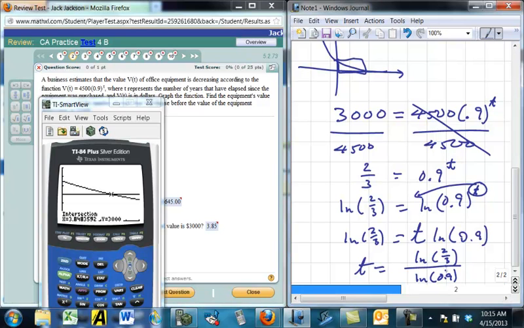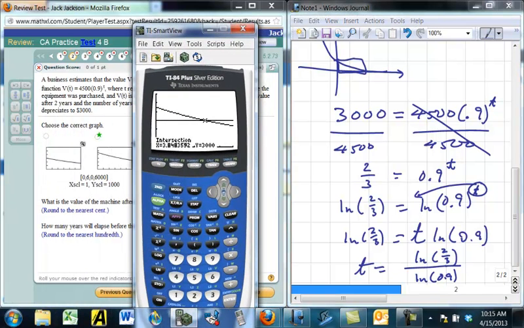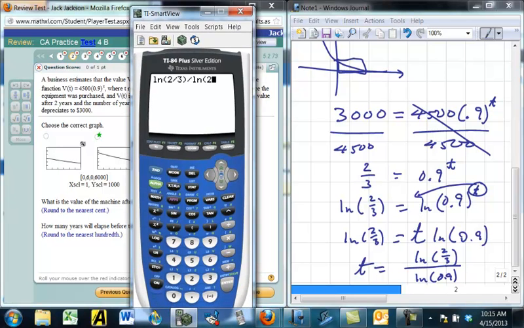Now if you want an exact answer, there it is. But of course this is a real world problem. We're going to want a decimal answer. Then you're going to have to at least get a calculator at some point here and do this. Natural log of 2/3 divided by natural log of 0.9. Watch the parentheses there.